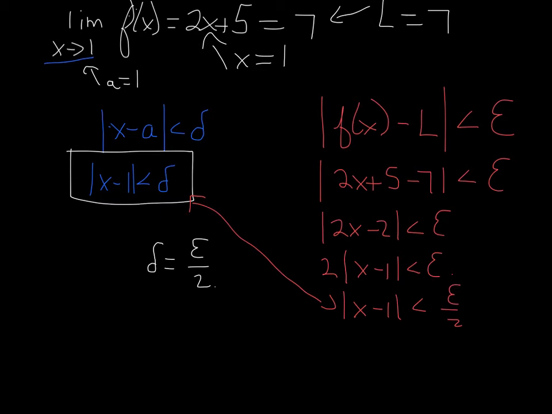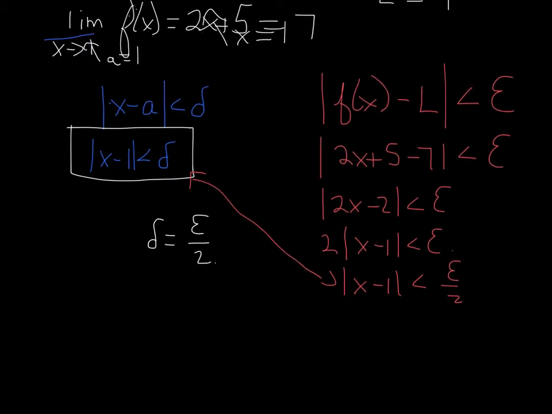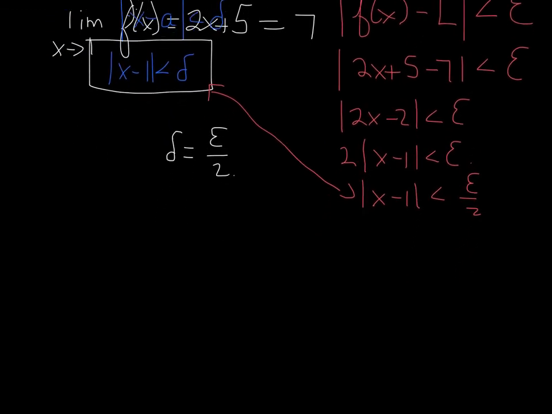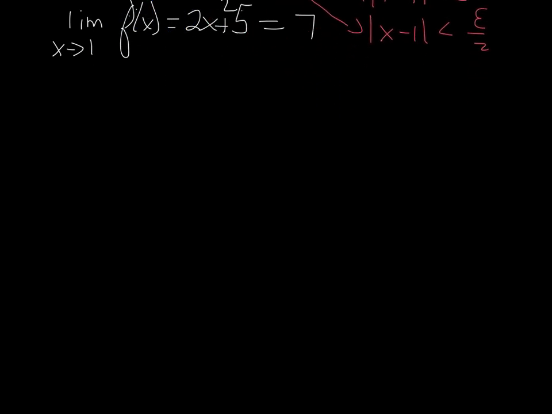Now let's talk about the game for a second, okay? Let's go through an example of how this game is going to work. For this function, player B, we've said that delta should always be epsilon over 2, okay.